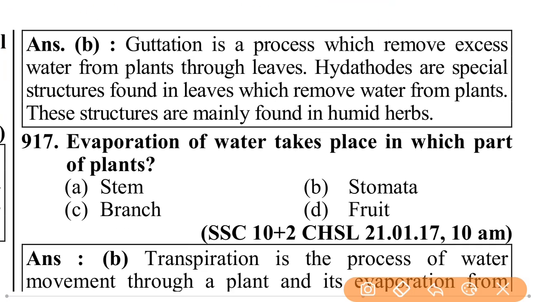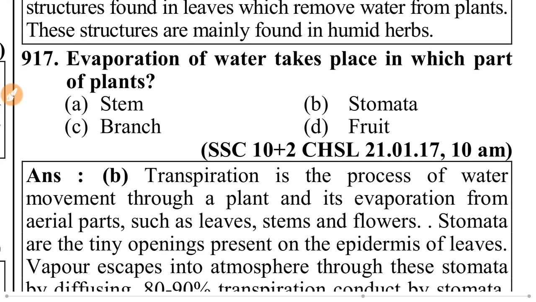Guttation is a process which removes excess water from plant through leaves. Hydatodes are special structures found in leaves which remove water from plant. These structures are mainly found in humid herbs.